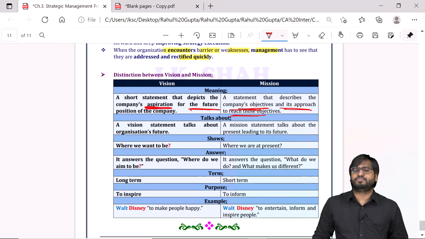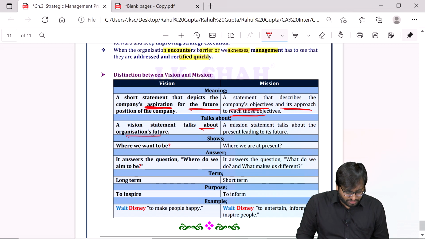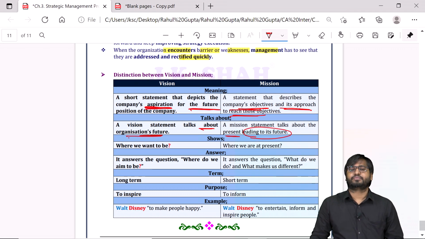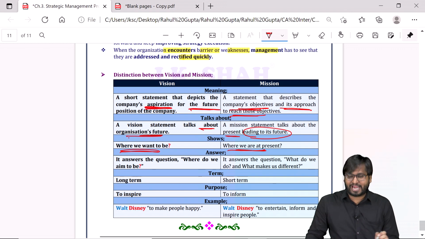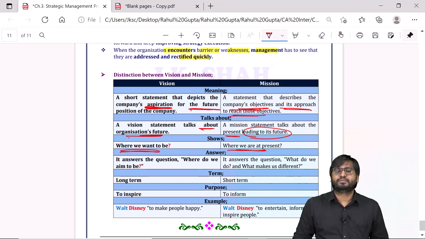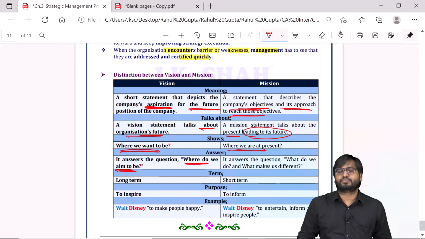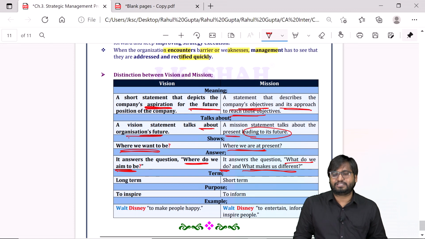The vision statement talks about the future, it talks about the present which will help reach the future. Where we want to be, where we are at present. It answers the question, where do we aim to be? It answers the question, what do we do, what makes us different?